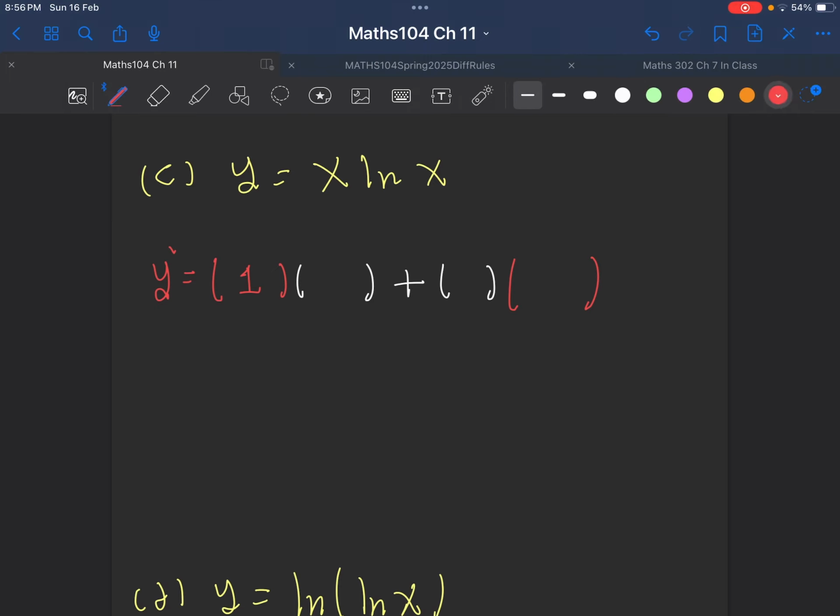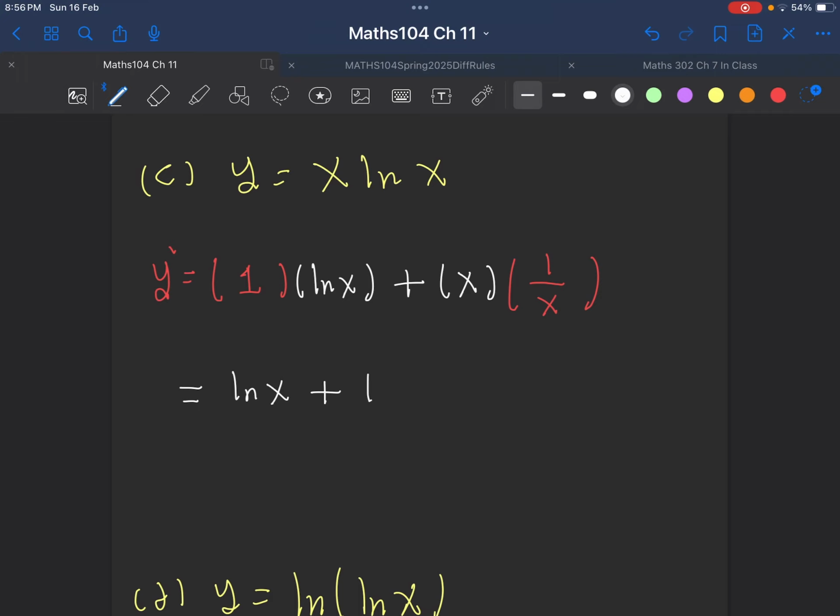Next, we have ln of x, so we have ln x here. Next, we have x times what is the derivative of ln x? It's just 1 over x. Now, if we simplify all in all, we will get ln x plus 1. So it is ln x plus 1, and that's the final derivative.